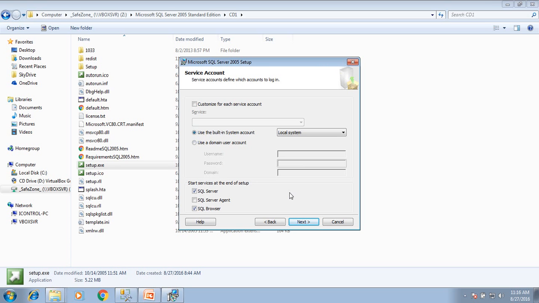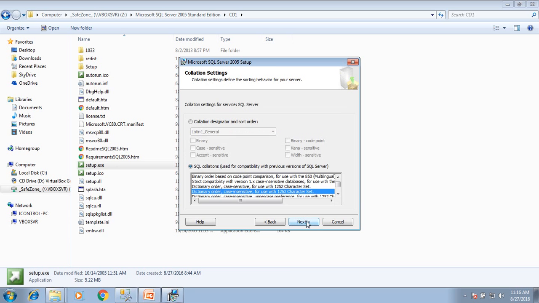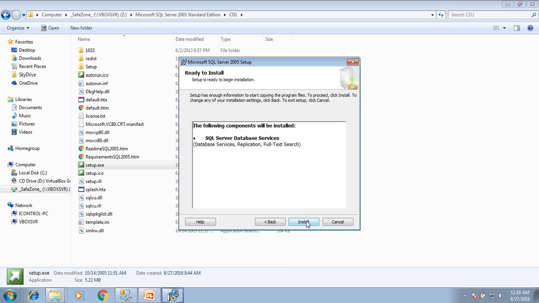Use built-in system account, mixed mode, and enter the password that you want. Okay, click next, next, install.